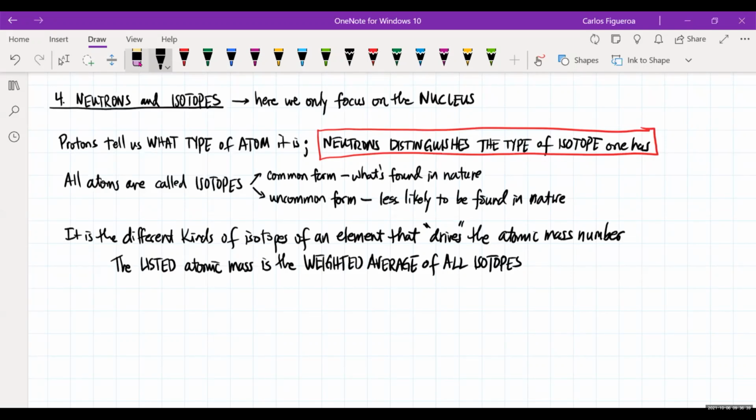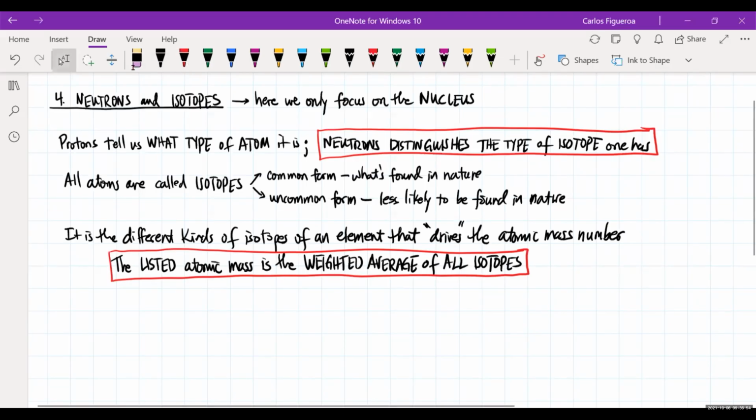So when you look at the atomic mass on the periodic table, it's about all of the possible isotopes. So probably the easiest isotope to start with is hydrogen. So let's go look at these guys.